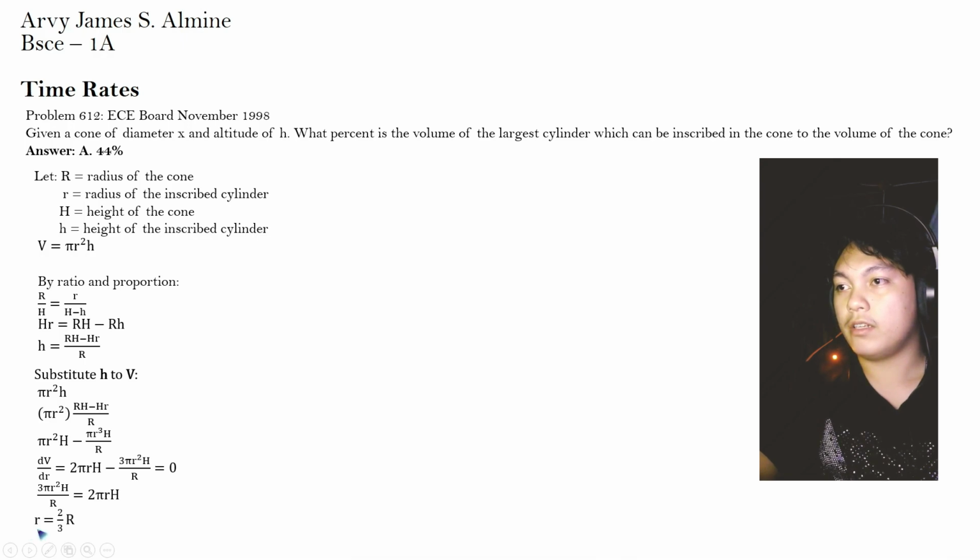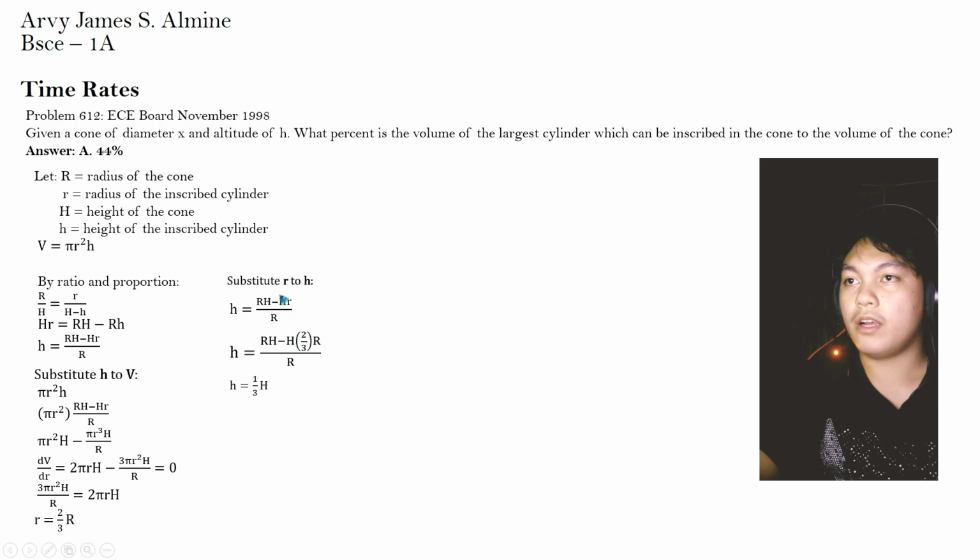So we have r is equal to 2/3 R. So substitute r to h. h is equal to RH minus hR over R, and h is equal to RH minus H times 2/3 R over R. We have h equals 1/3 H.